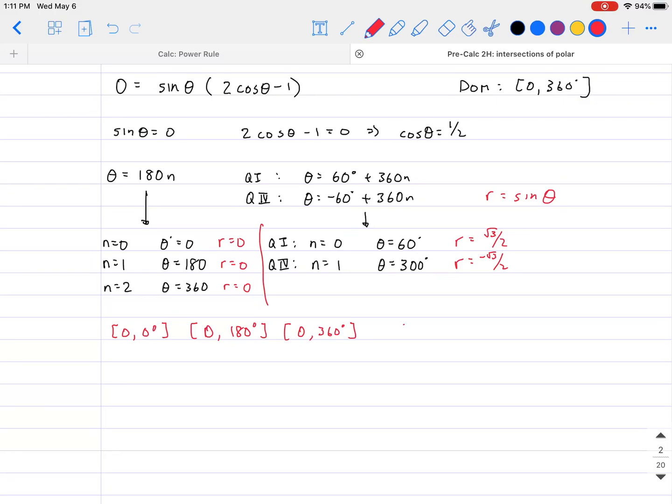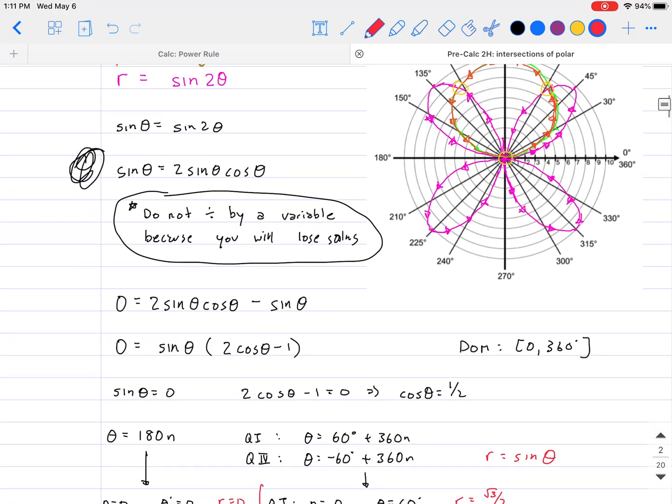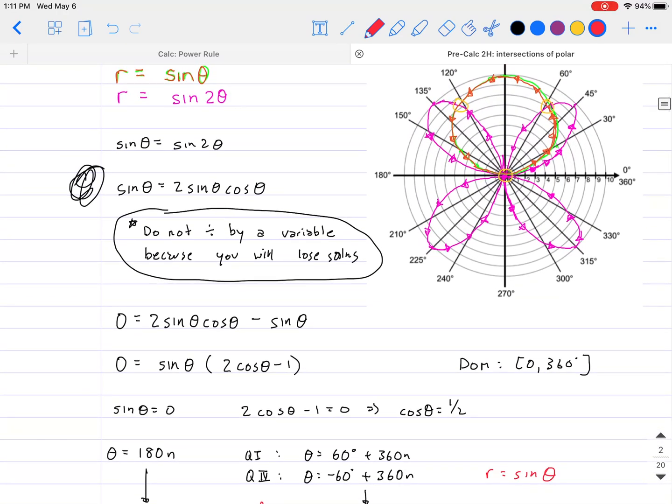In addition to that, we also have 2 other points that are not the pole. We have r equal to root 3 over 2 at 60 degrees. And then whenever we have radius equal to negative root 3 over 2, we have 300 degrees. In comparison to our graph, hopefully you can see where they're located.